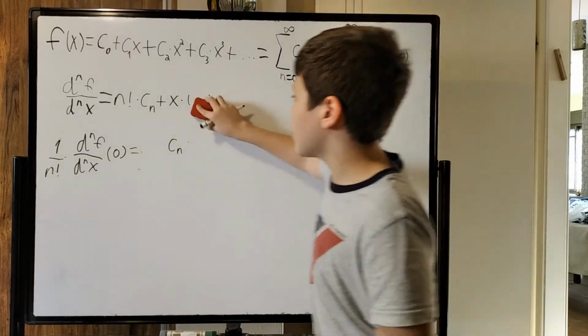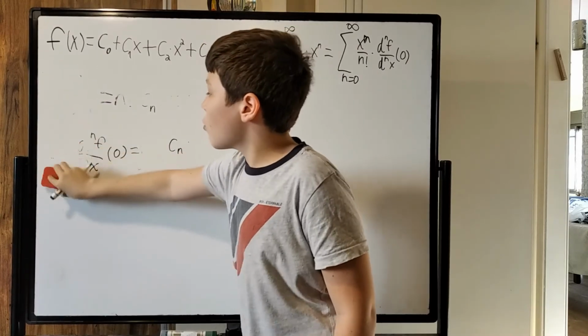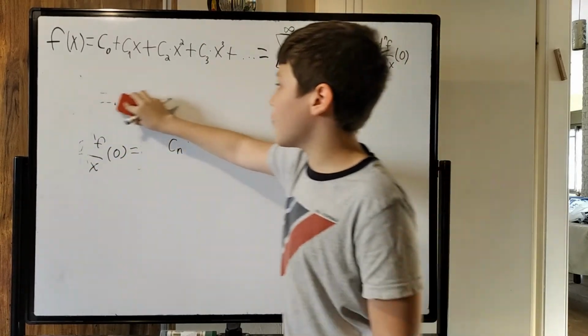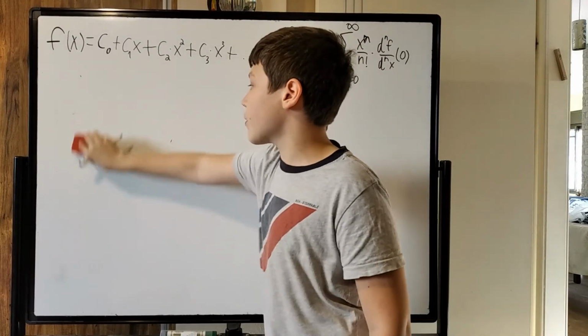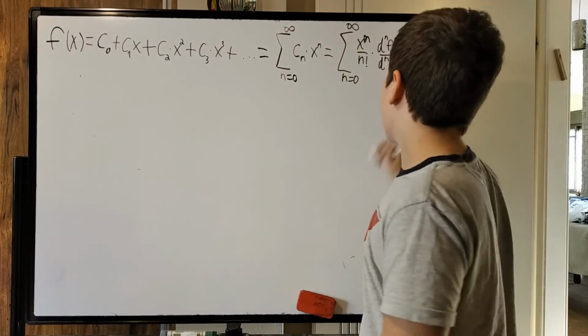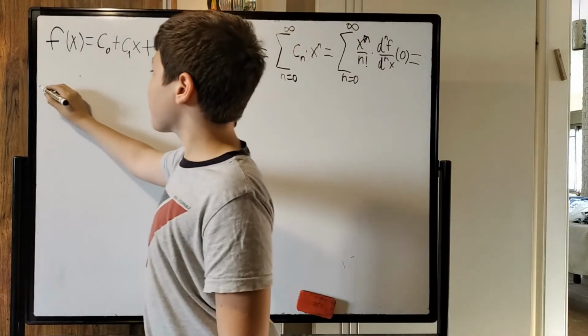So I'm going to erase all of this, and then write the more general formula that I briefly explained why it's true. This 0 case is just a more specific case where a is equal to 0.